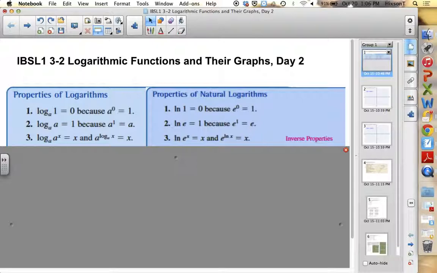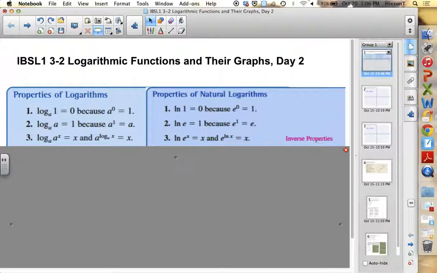So log base a of a to the x equals x. The other side of that, and this just finishes out the whole concept of the inverse, if we have an exponential with the logarithm in the exponent, a to the log base a of x power, that gives us x.